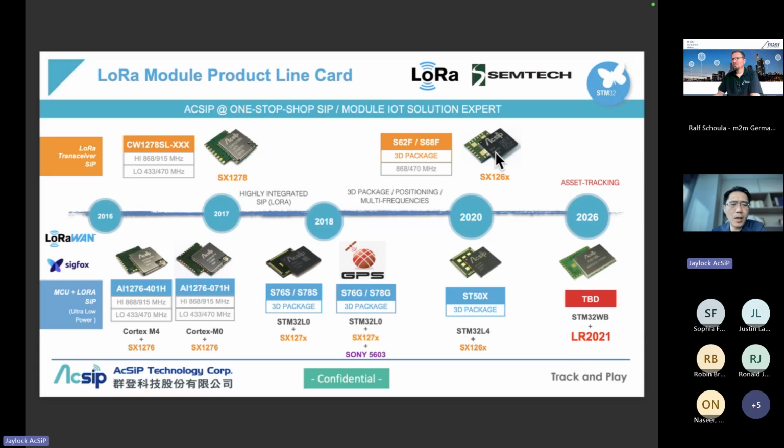So basically, you have the MCU, you have the transceiver, you have all the front end circuitries, everything in one package. And coming year on our roadmap, we are planning to use the LR2021 from Semtech. This one is a multi-band transceiver, which allows Wi-Fi scanning, and then LoRa, and then also the S-band, which can connect to the satellite.